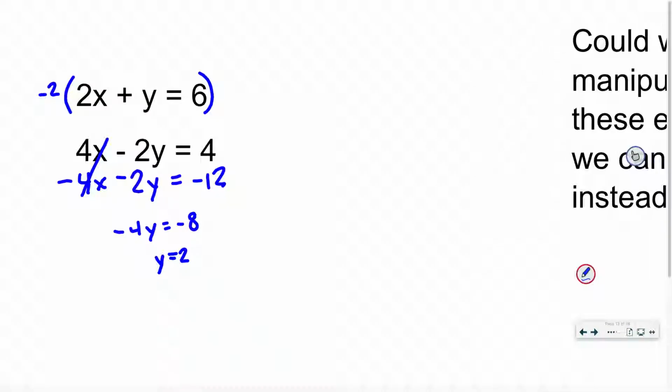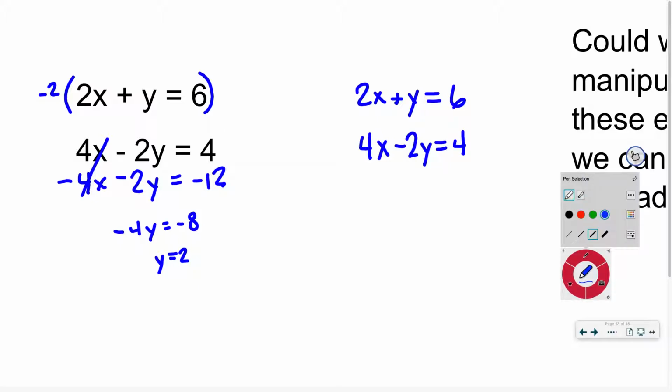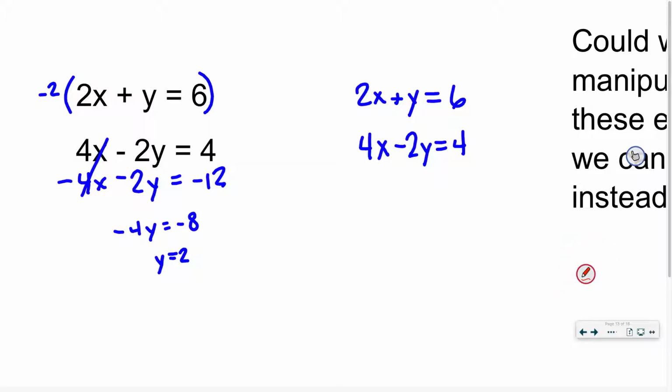What else could we have done? What else could I have done? So yes, I could have multiplied the top equation by negative 2 to eliminate x. What else could I do to eliminate x? Divide the bottom one by negative 2.